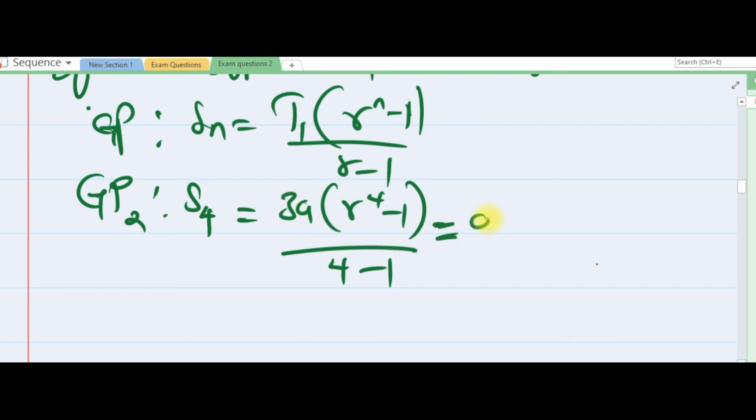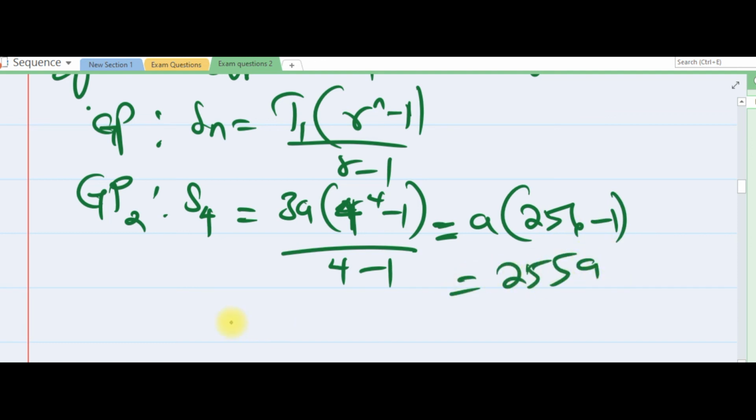Okay, this should be 4 because our r is 4. So we have 3a times 4 raised to power 4, which is 256, minus 1. So we have 255a.